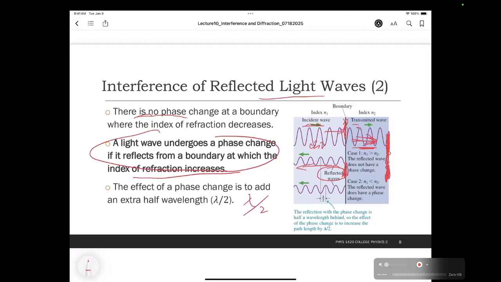Here you can see the original wave and the reflected wave. The reflected wave will have an extra half wavelength added. These are some features of interference of reflected light waves.